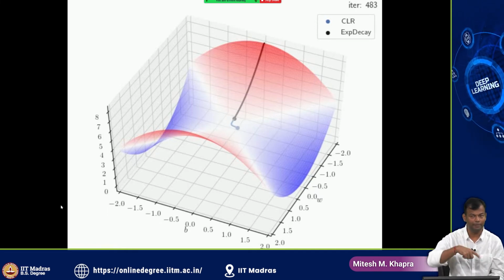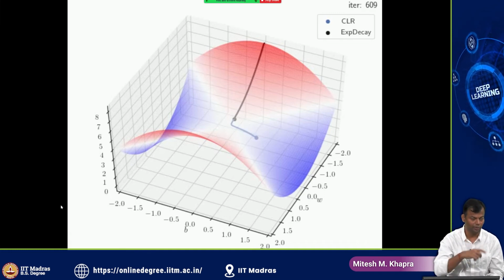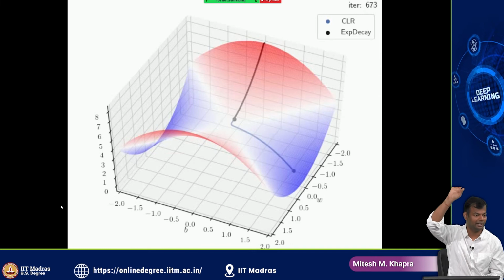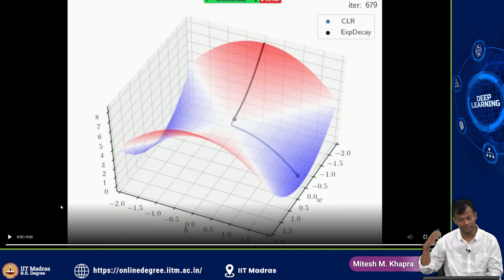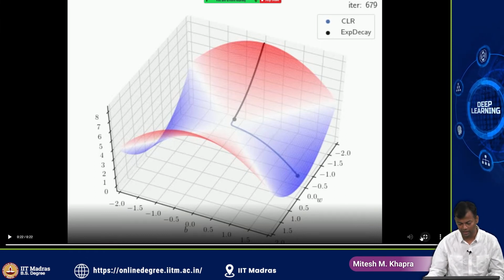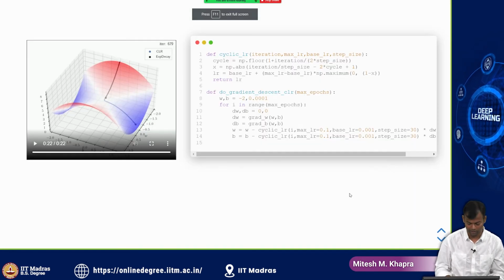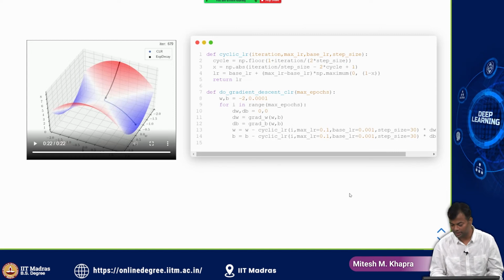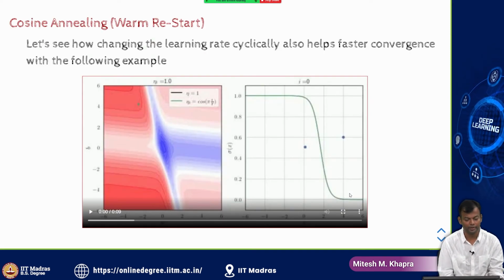The blue one, because it can increase the learning rate at some point, even though the gradients there are small, just waits till the learning rate increases, and then it gets pushed, and then it comes down into the valley, right? So with this cyclic learning rate, you are able to get out of this saddle point, and saddle points are a big pain, as reported in multiple papers when you are dealing with deep neural networks, right? So this kind of takes care of such bad learning rate schedules, right?